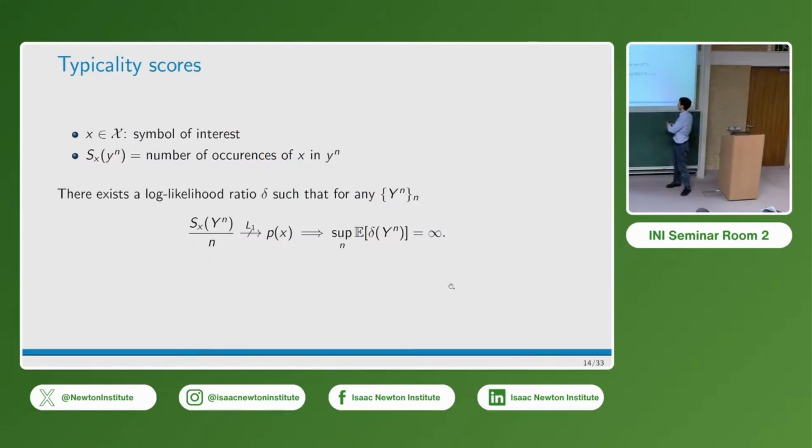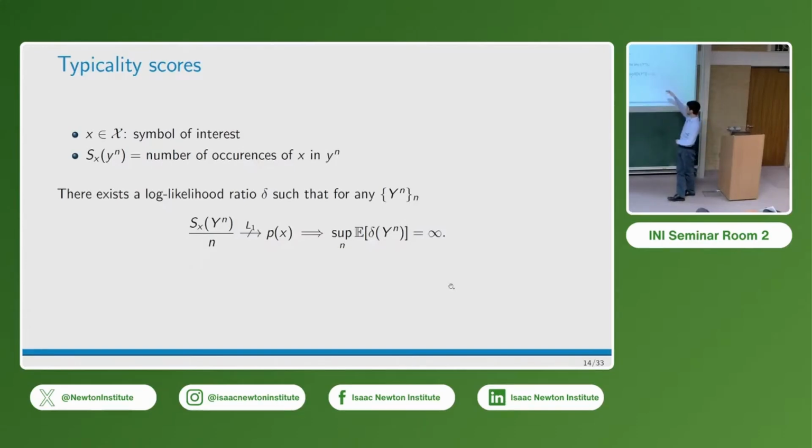For example, a simple example: you have a sequence yn which you want to test, and you look at the frequency of a given symbol in that sequence. Sx of yn is the number of occurrences of x. There exists a log-likelihood ratio delta which is sensitive to the frequency of x in the sequence yn.